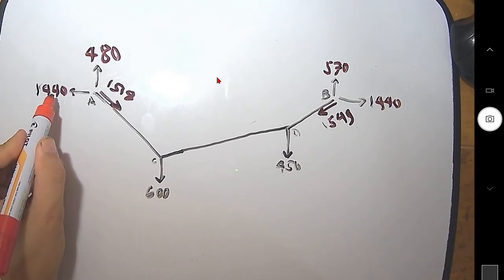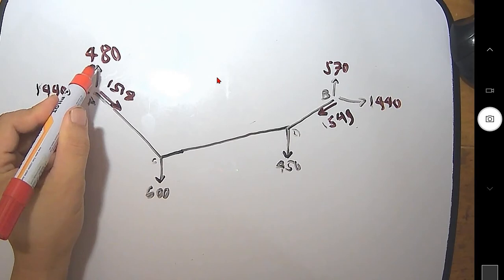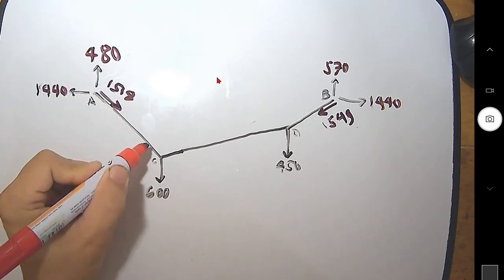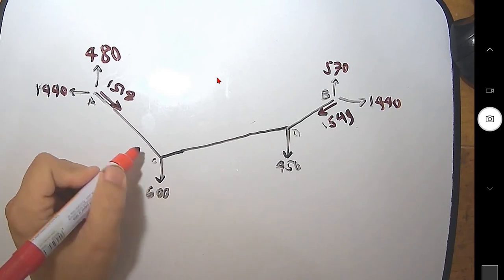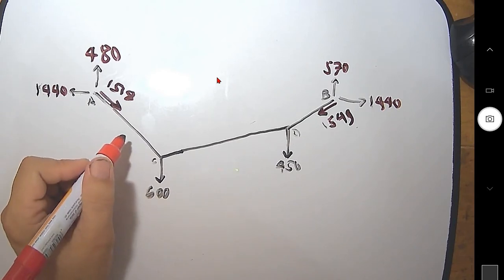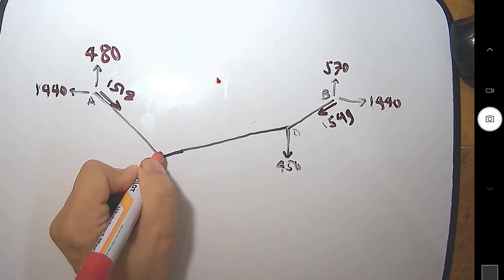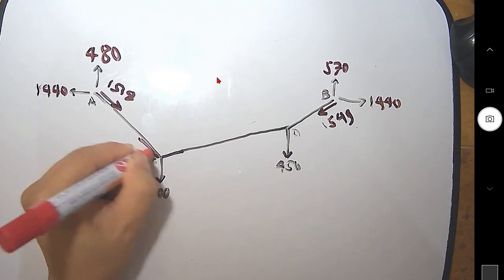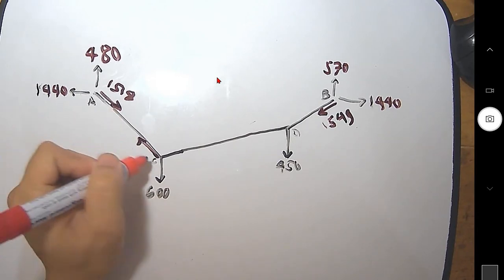Ngayon, yung 1440 tsaka 480, syempre, yan din yung horizontal and vertical component nitong section AC. Okay, so, dito, magkakaroon din siya ng tension na 1518.